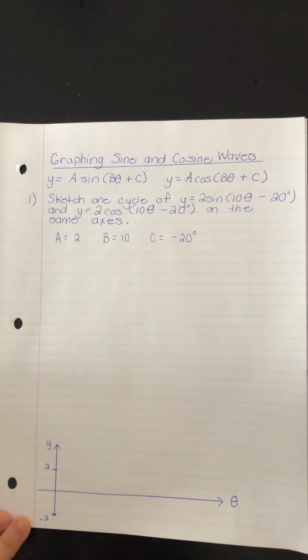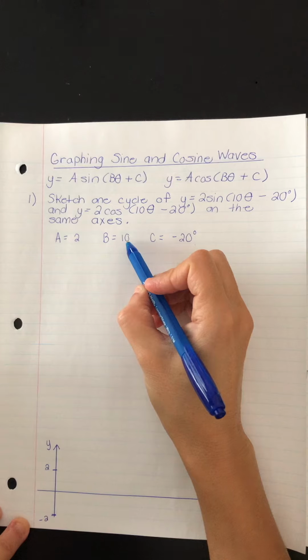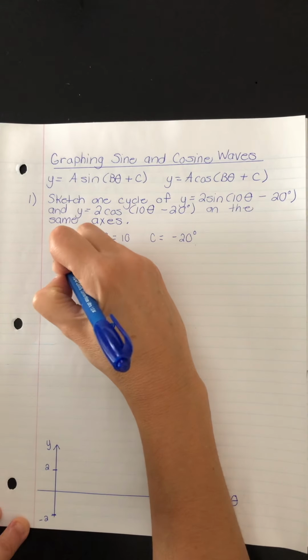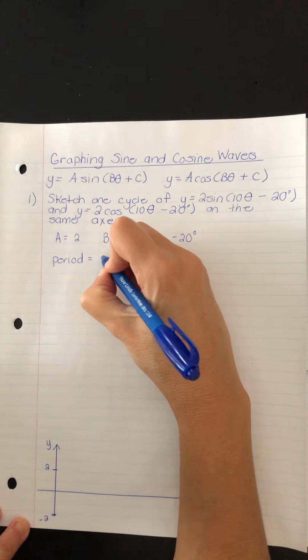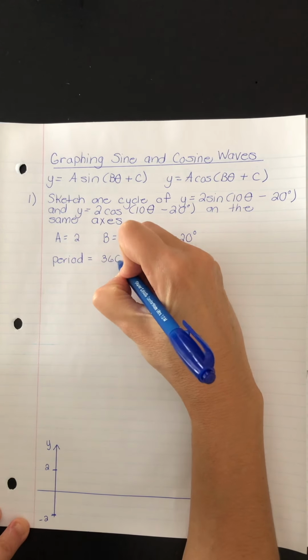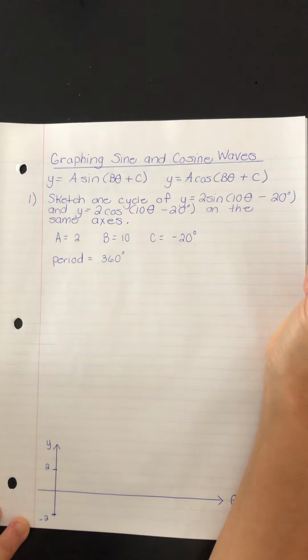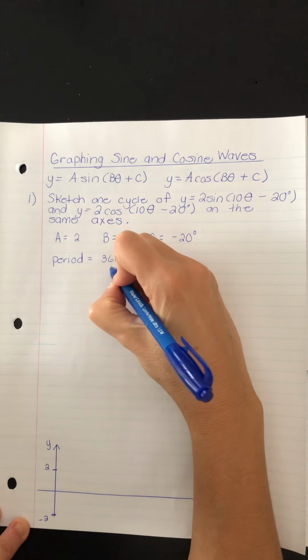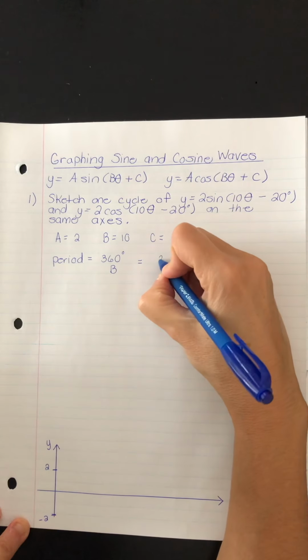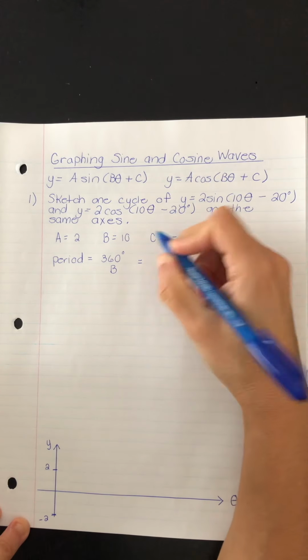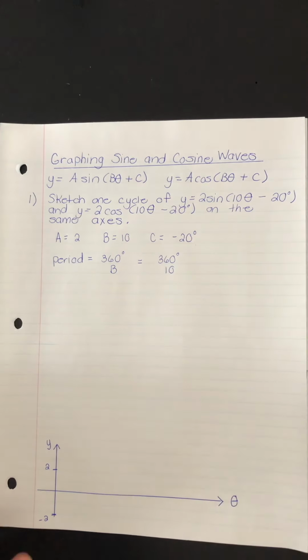Okay. So now the value of b helps you determine the period of the graph. The period is calculated by taking 360 degrees and dividing it by b. So in this case, we take 360 degrees and we divide it by 10.